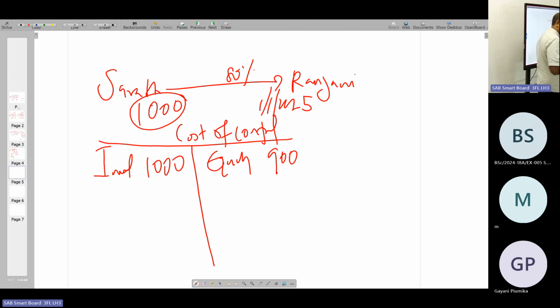Fair value of 900. Ranjani's purchase consideration is 1200, right? Then Sarath has mentioned, okay, today I will pay 1000. Today I will pay 1000 on the acquisition date.